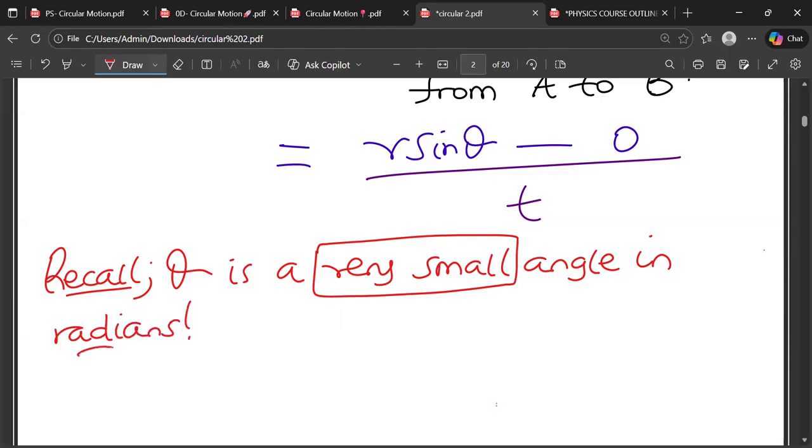Please get your calculators and put them in radians. Are they ready in radians? Yes, let's begin.